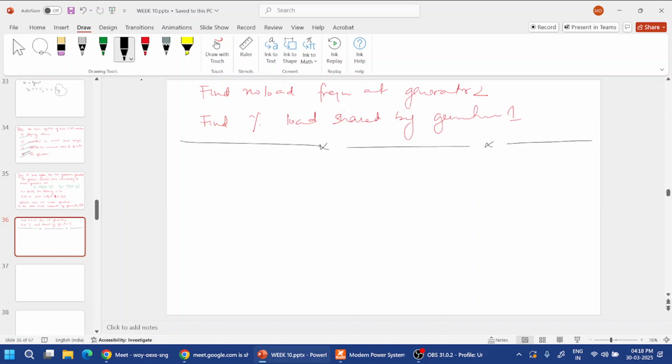So the characteristics of the generators are given. The first generator's characteristic is P1 equals 150 (60 minus F) and P2 equals 75 (60 minus F).